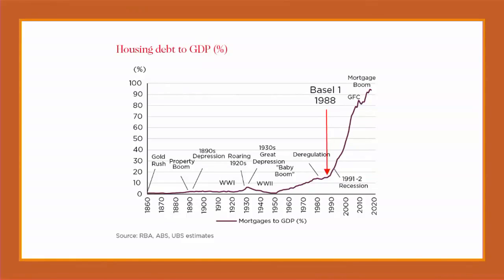I'll just leave you with one chart, because I haven't used many charts. Again, it goes to what you'll see a lot of commentary about, which is the level of household debt that's related to housing and housing debt in Australia. It's absolutely huge. Australia, again, is a leading country in that regard. And what are the implications of that?